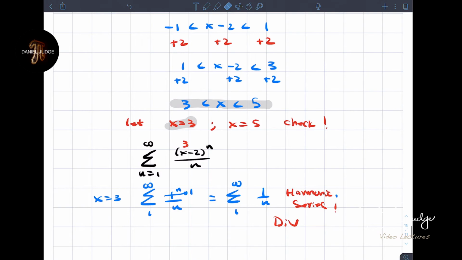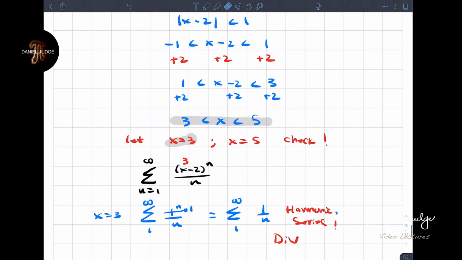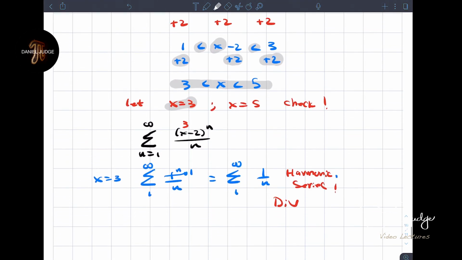Okay? All right. We have a question here. We add plus 2 twice. Not sure what that means. What you have here is these inequalities here. You add 2 to the left, 2 to the middle, 2 to the right to get x by itself here. And so you get 3 less than x less than 5. Not sure if that's the question.